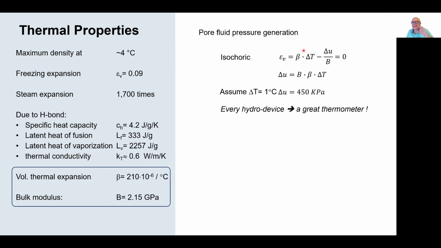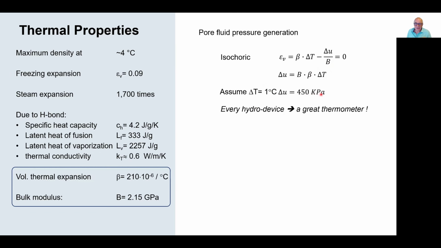That means that the tendency for volumetric expansion due to thermal change must be equal to the tendency to volumetric contraction because of the water pressure that we are inducing, dividing the bulk stiffness. Therefore, now I can compute what would be the pressure that I would generate if I produce a thermal change delta T in water and you don't let it expand. Well, for 1 degree Celsius, that would be 450 kPa.